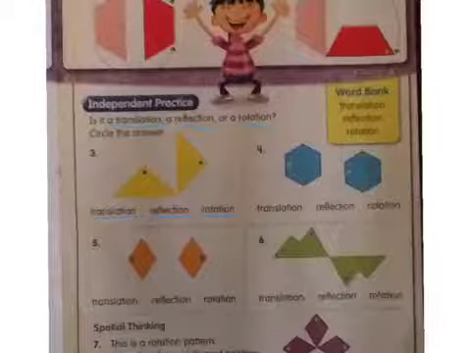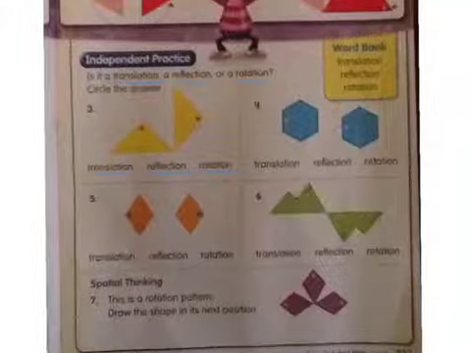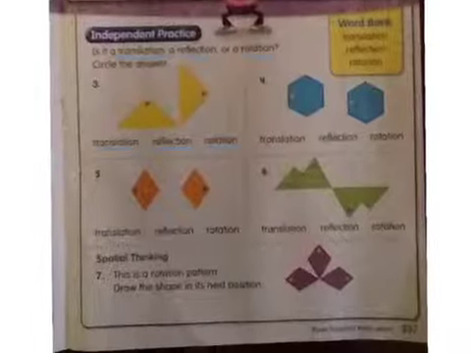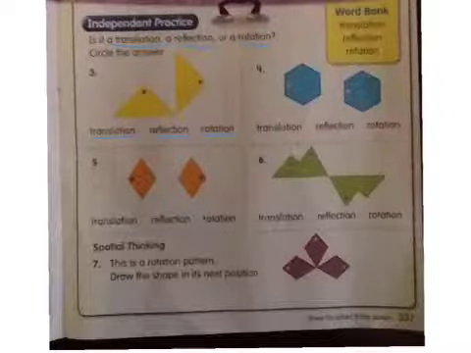You have to circle what you think or how you think the shape moved. Okay? Same with number 4. Did that shape move in translation, reflection, or rotation? Same in number 5, and same with number 6. I'm going to have you do those on your own, so you won't see me circling anything on 4, 5, and 6. And number 7 says, this is a rotation pattern. Draw the shape in its next position.